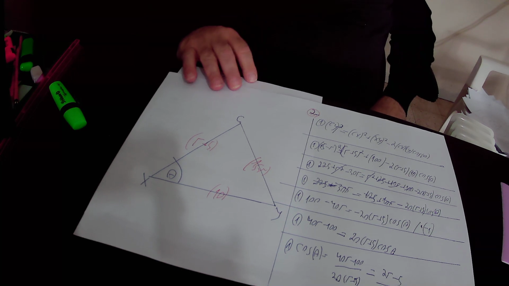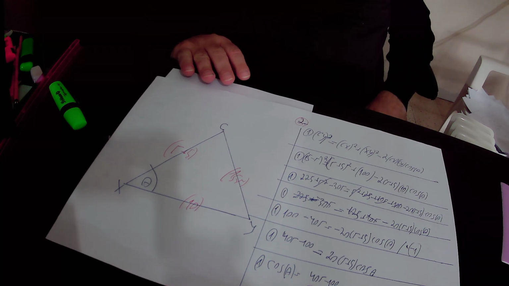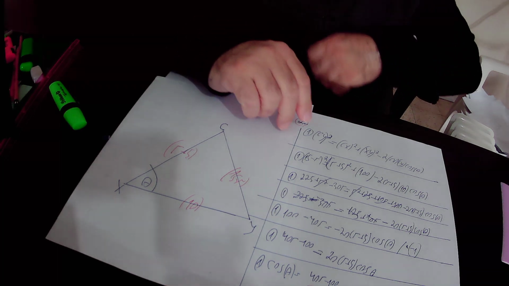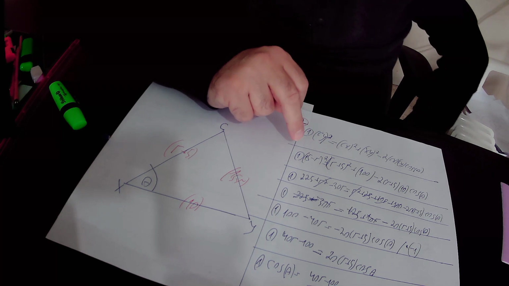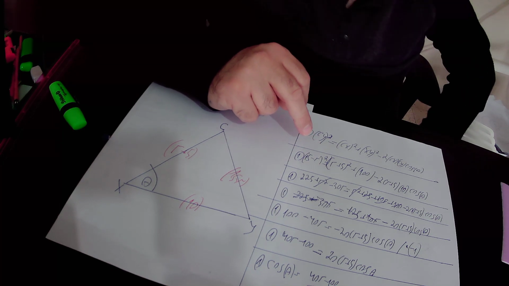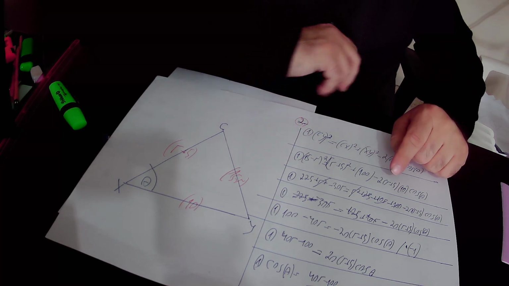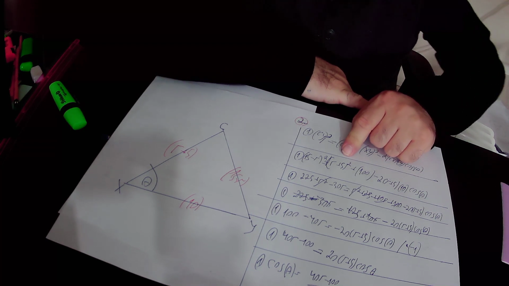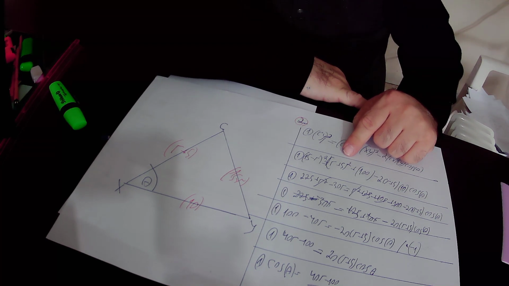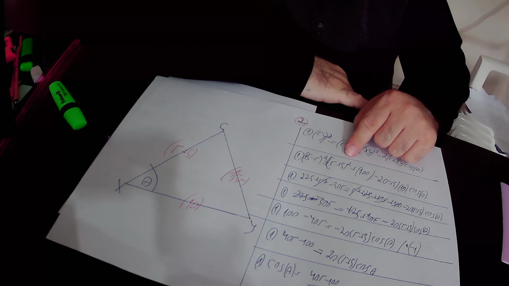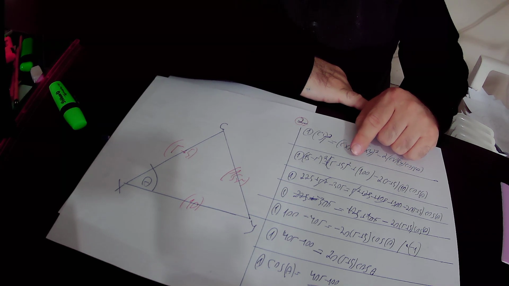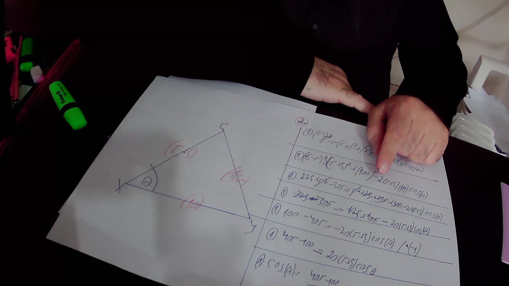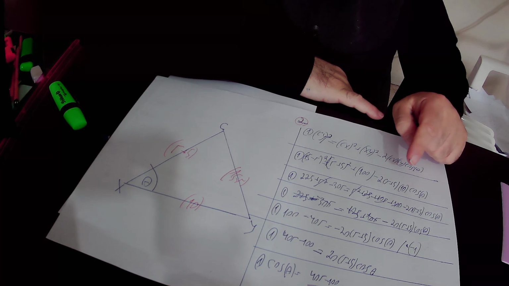Here we open the brackets on both sides of equation number 1, and we get that 15 minus R squared equals 15 squared, that is 225, plus R squared minus 2 times 15 times R, that is minus 30R. And it is equal to R plus 5 squared. R plus 5 squared equals R squared plus 5 squared, that is 25, plus 2 times R times 5, that is 10R.